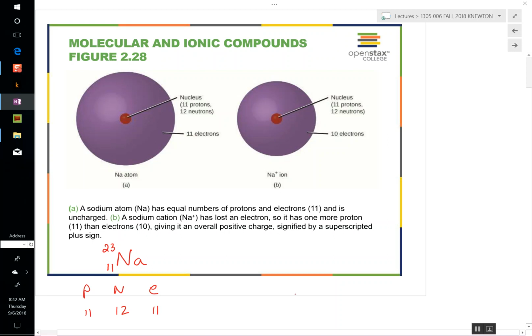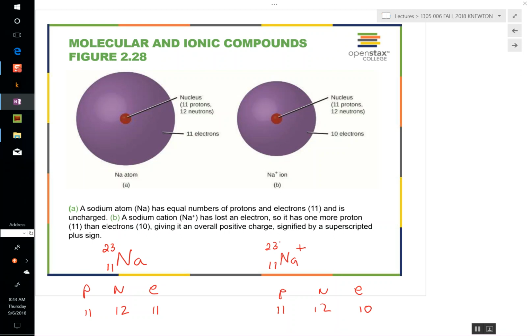If it loses an electron, it's still going to have 11 protons in the nucleus. It's still going to have 12 neutrons in the nucleus, but now it has only 10 electrons. It lost an electron. And notice what happens to it. It gains a positive charge. So that is an ion. Not a neutral atom, it's an ion. And why has it got a positive charge?